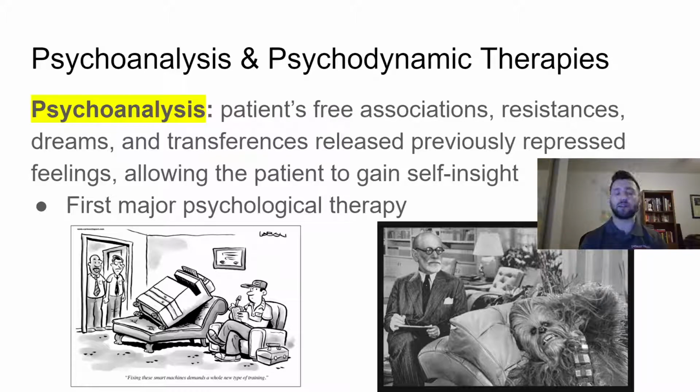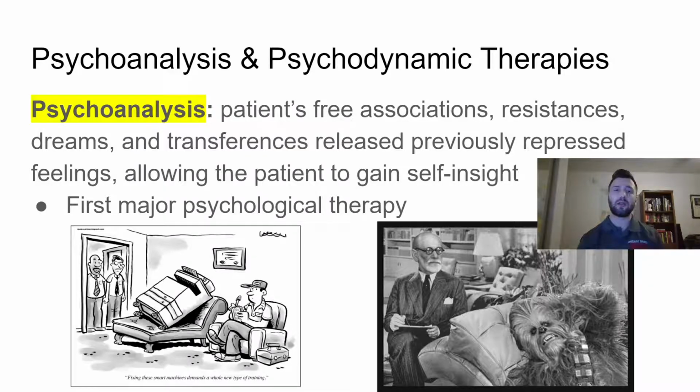So the idea is you come in, you lay down on the couch, and your psychotherapist talks to you and maybe has you do free association. They're going to analyze and take a bunch of notes, and over time they'll say, okay, I've noticed that it seems like you have these repressed feelings towards this person, or it seems like you have anger stored up about this part of your life.